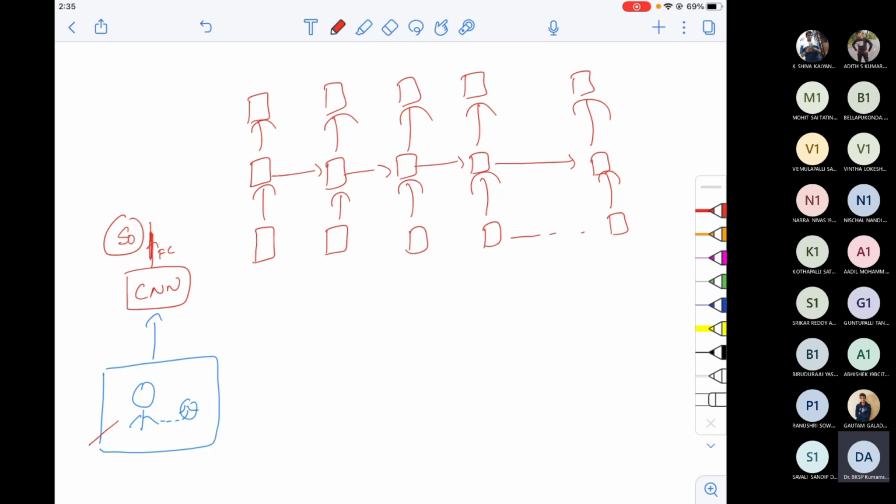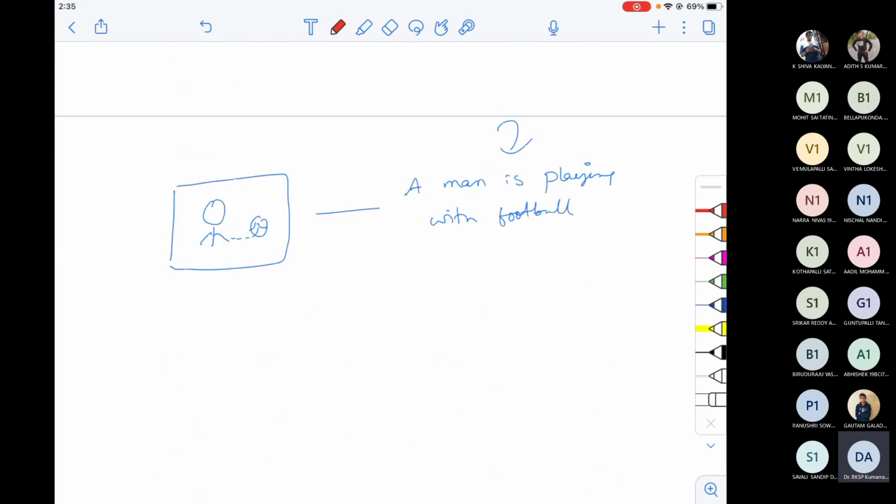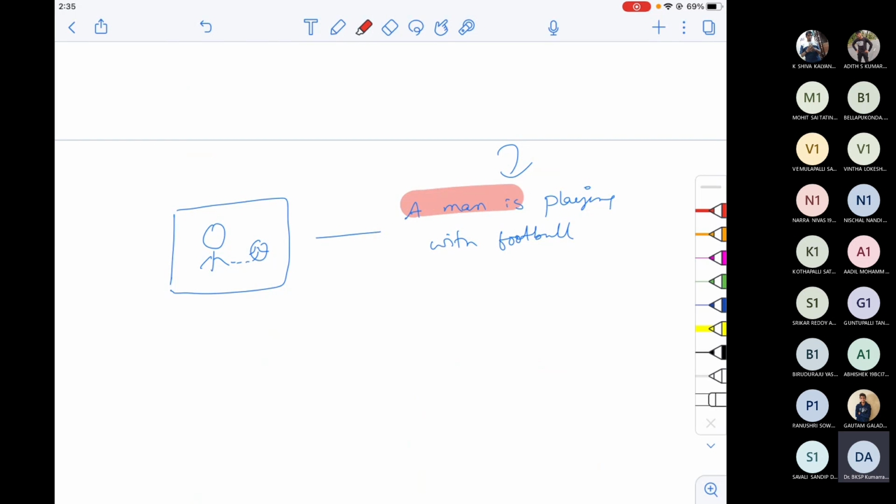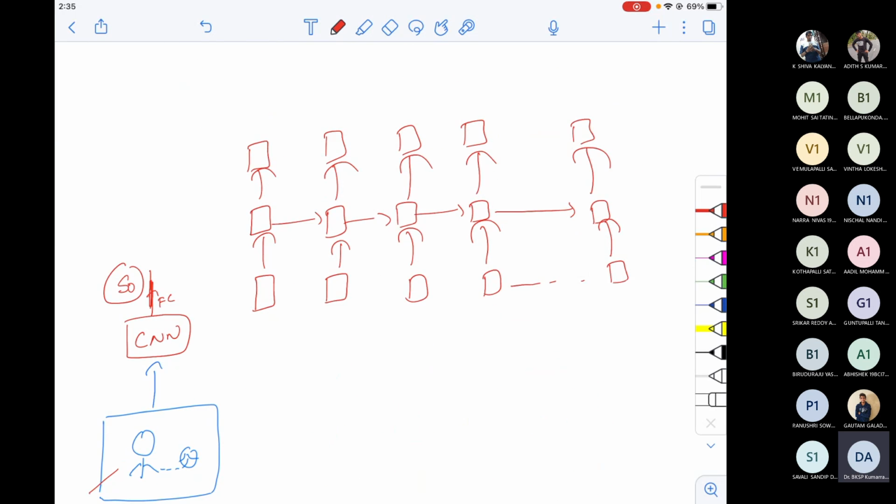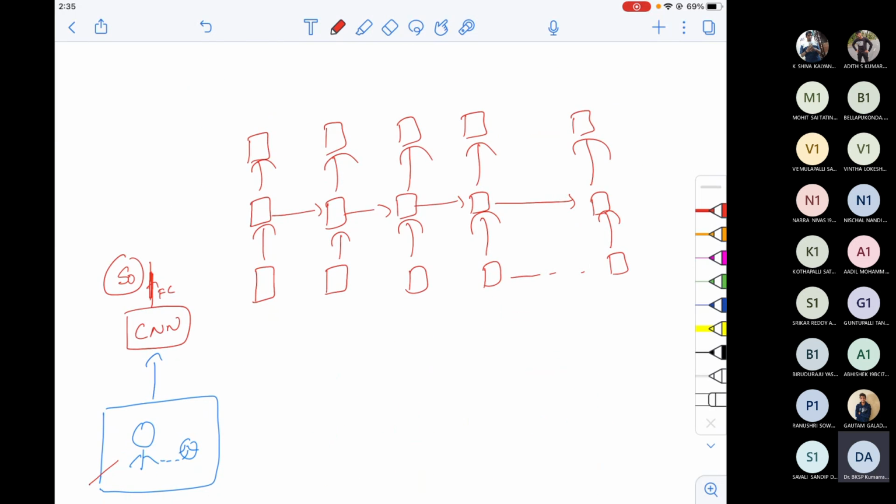Now, here I expect my RNN to generate the sentence in an appropriate way. So what is the sentence that I'm expecting here? A man is playing with football. So it will start with start of sentence, and it takes A, that A will be given here, man is given here, is given here, playing will be given here.